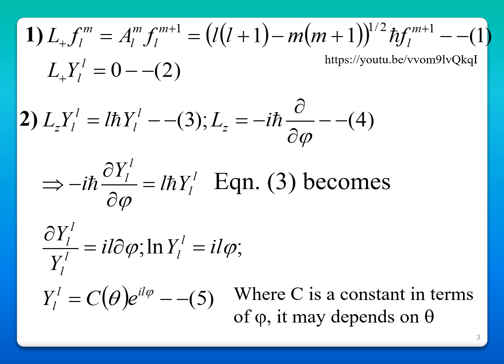If you separate the theta terms and phi terms and integrate, then ln of Y_ll is equal to i l phi. So Y_ll is equal to C of theta e power i l phi. Here C is a constant with respect to phi, but it may depend on theta, so we put C of theta e power i l phi.